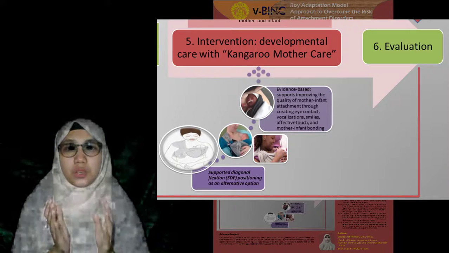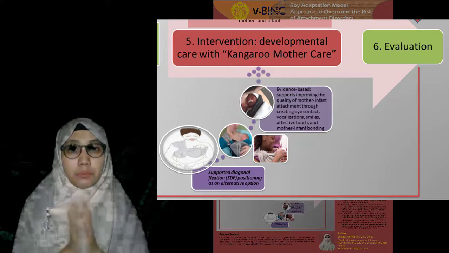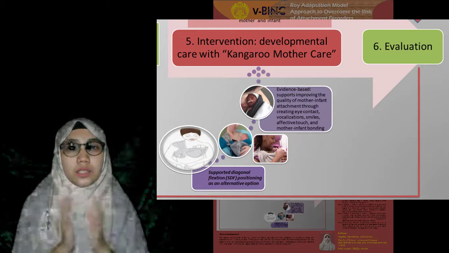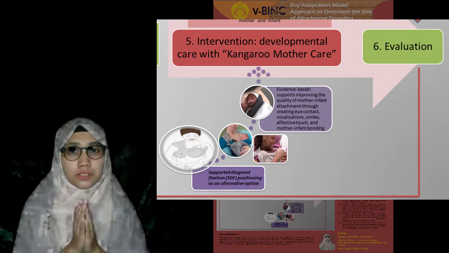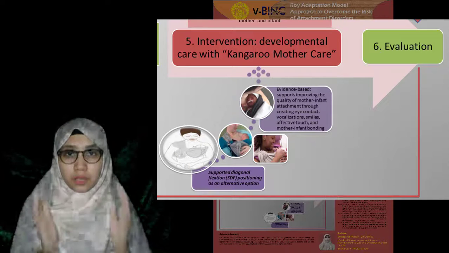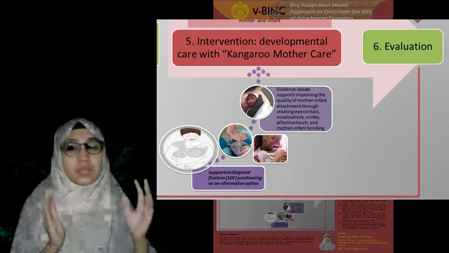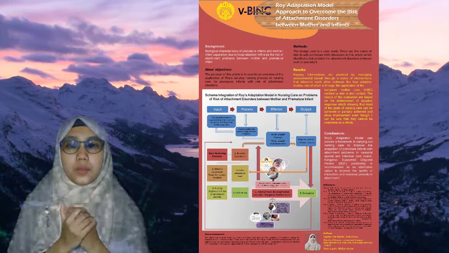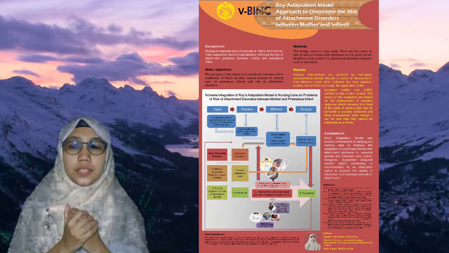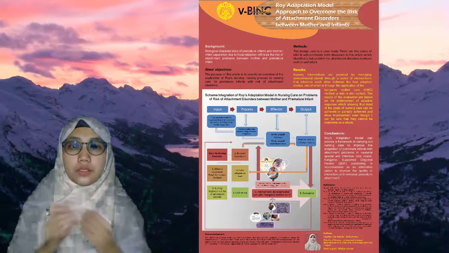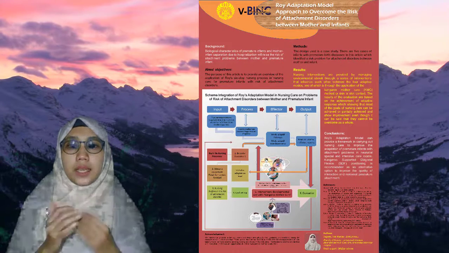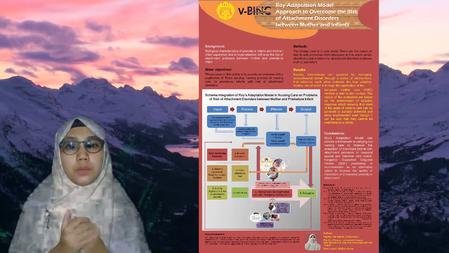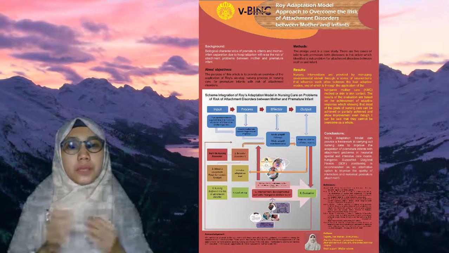So it can support the improvement of the quality of interaction between mother and premature infant, and of course will create better attachment. In the end, the kangaroo position of support diagonal flexion or SDF is also highly recommended as an alternative choice to be applied in the practice of implementing KMC.